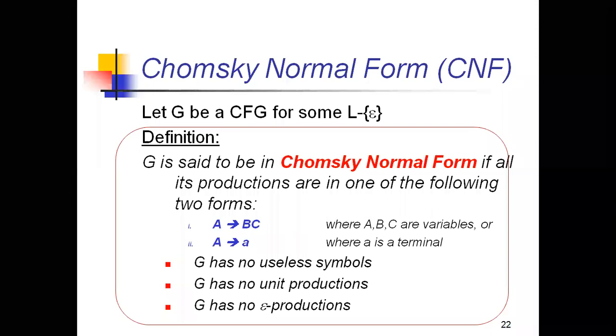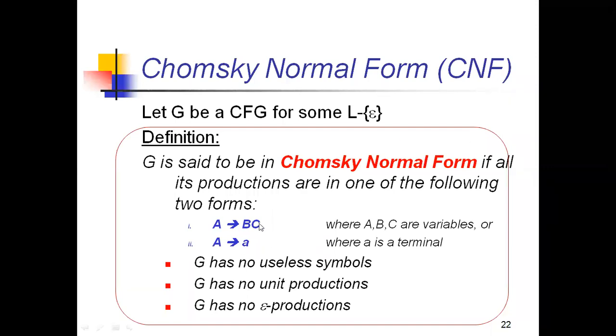And when we can say that it is a Chomsky normal form is when it has a particular syntax. The syntax means all its productions are in the form of A tends to BC or A tends to a. That means all of these should be variables, and in one rule it should derive either a single terminal or at most two variables.